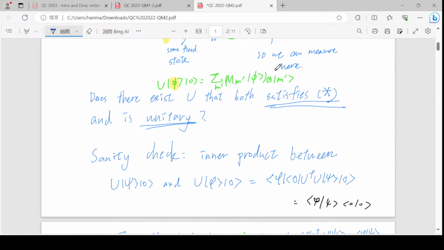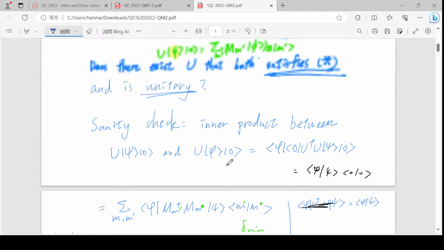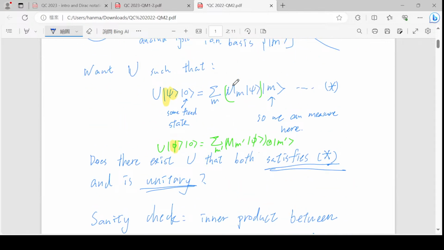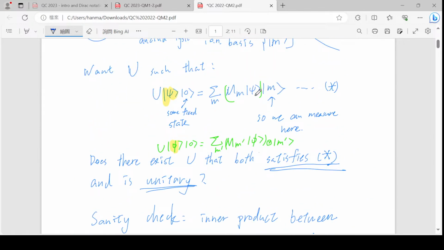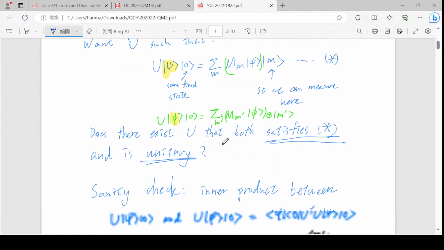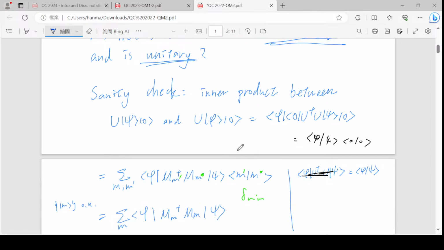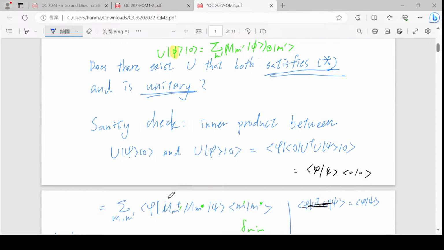And on the right hand side, we do this little ugly calculation. We want the inner product of this and the inner product of this, and there are a lot of indices, so you are summing over m and m prime. There is a summation over m from this psi, and a summation over m prime from this phi. So we put phi in front here and the psi here, so there's an M sub m prime dagger and M sub m.